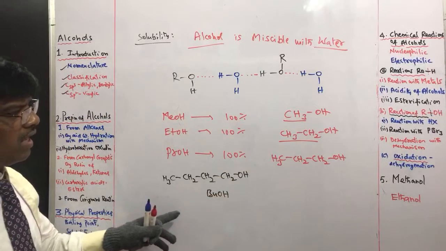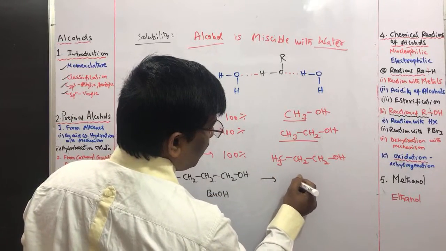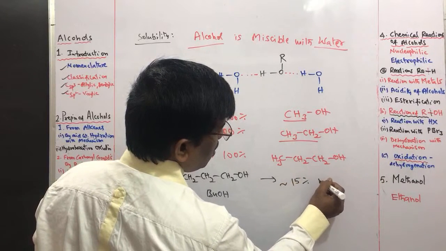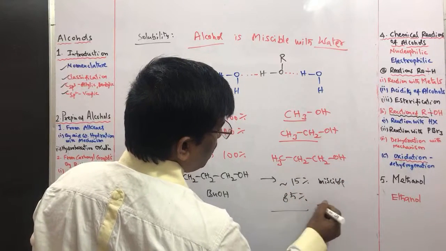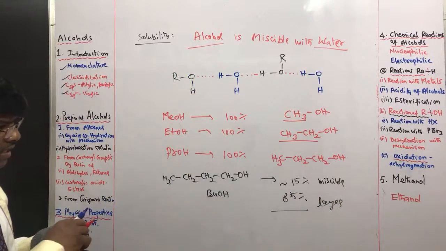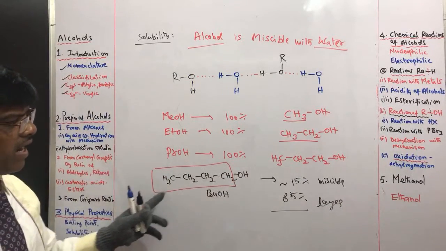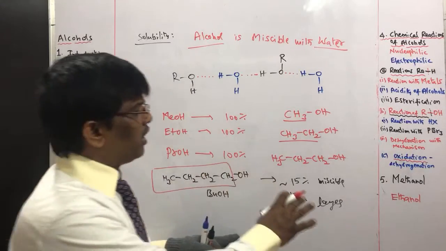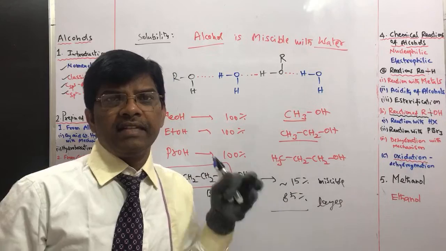Butanol is only around 15% miscible, whereas about 85% is going to form a layer. Why does this take place? Because of the long alkyl nature of this aliphatic chain, as the chain increases, solubility with respect to water decreases.